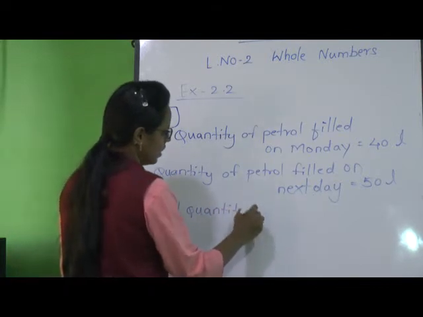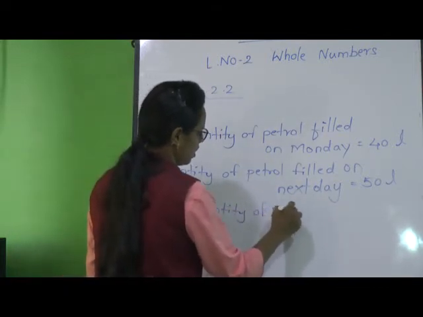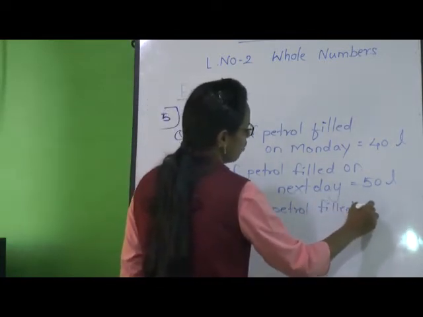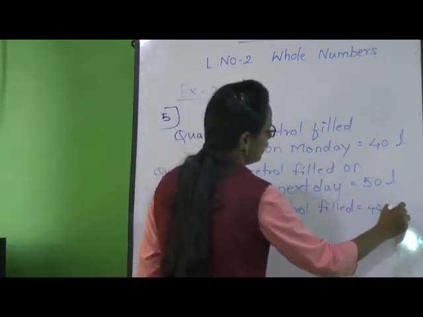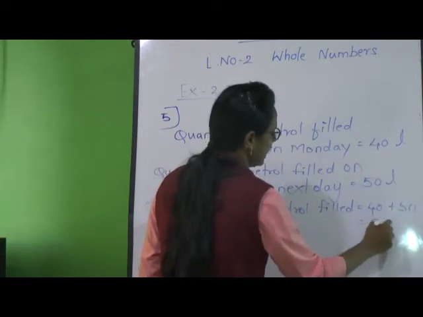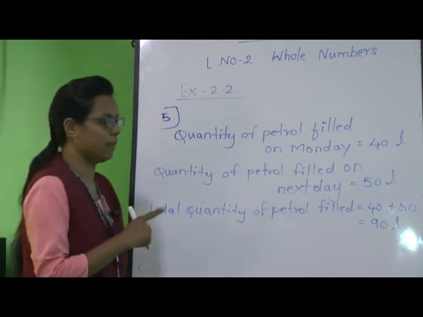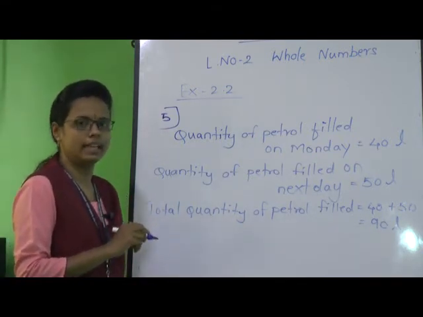Total quantity of petrol filled is 40 liters plus 50 liters. It becomes 90 liters. So on both days he filled 90 liters of petrol.